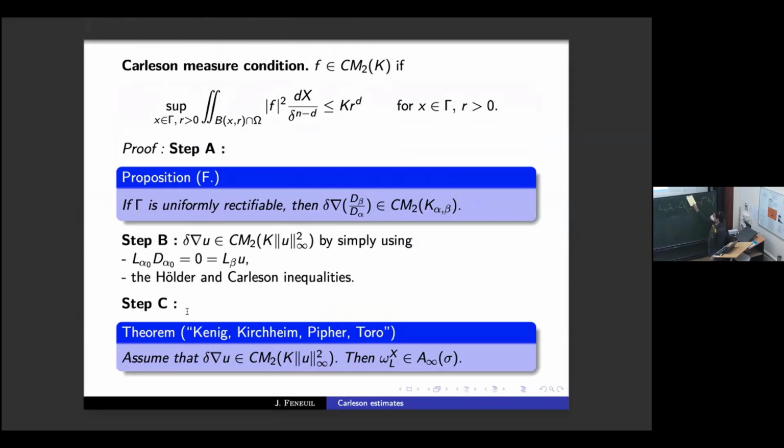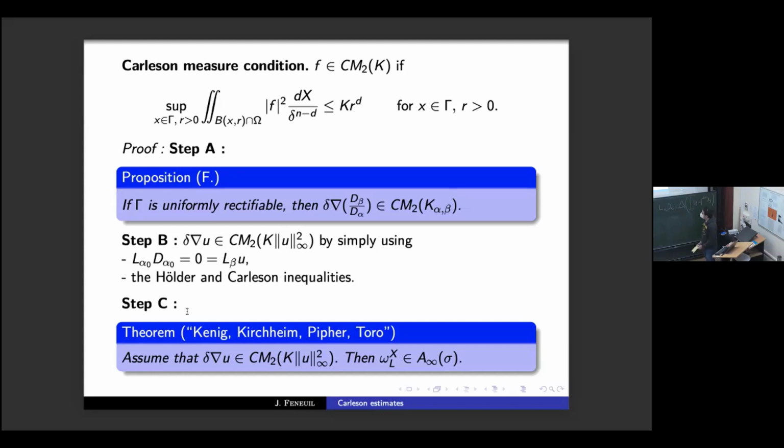So we ask that when you integrate over a set, there is not too much place where it is big. So it's something which is close to zero, as I said. So first step, if gamma is uniformly rectifiable, then the gradient of the quotient between the distances satisfies the Carleson measure condition.